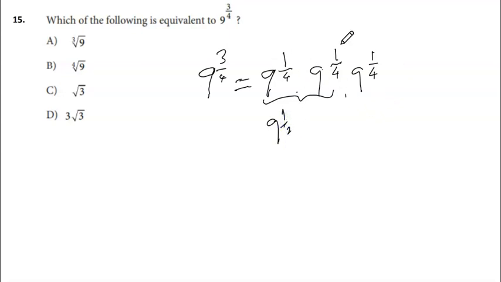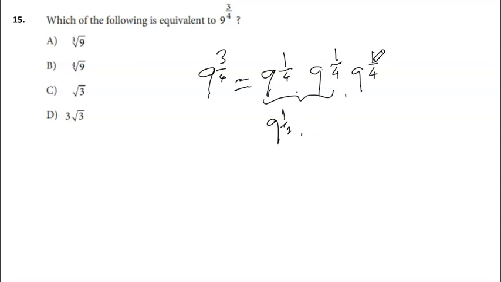Because 1/4 plus 1/4 is 2/4, which is half. And I'm saying plus because in indices, one of the rules is, using the common base, the indices, they add up, right? The powers add up. So that's how I got this.